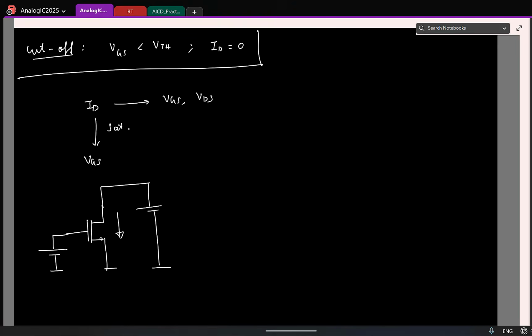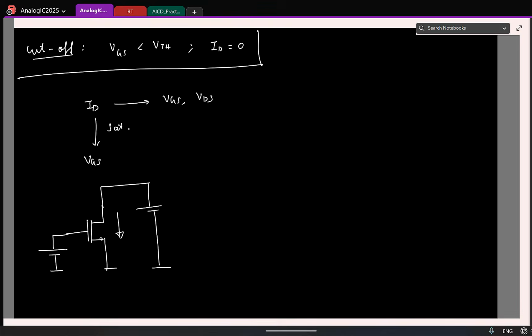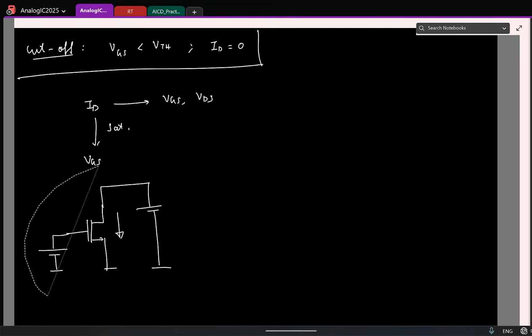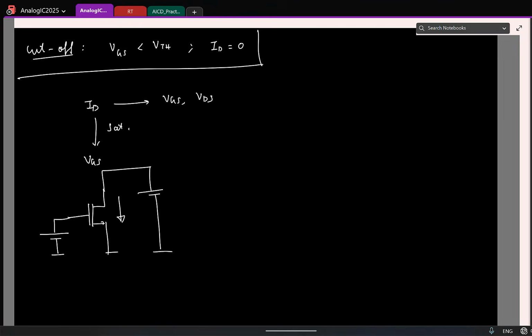I have a constant current irrespective of the voltage across the device. What kind of an element is that? An ideal current source. Right? So an ideal MOSFET, which means if the MOSFET has this 0 slope, it behaves like a current source. So that's the thing, a MOSFET in saturation behaves like a current source.